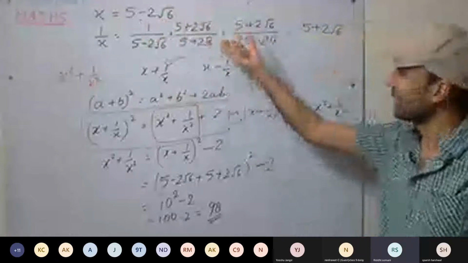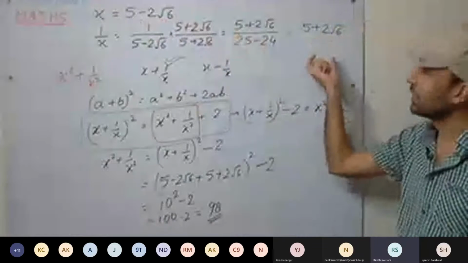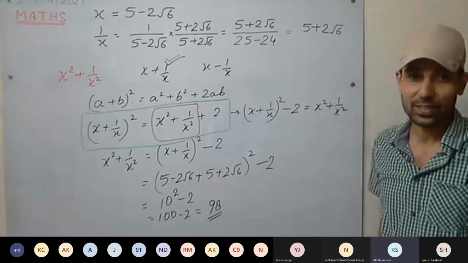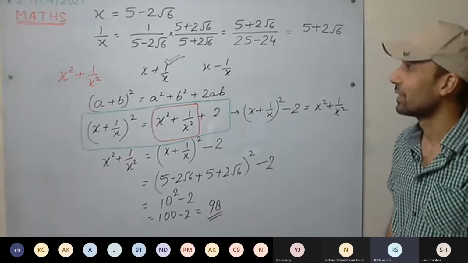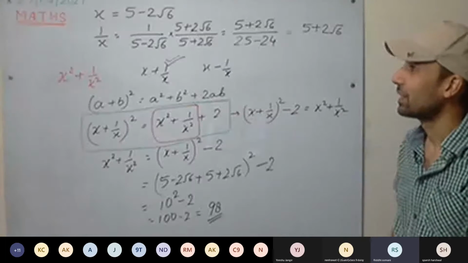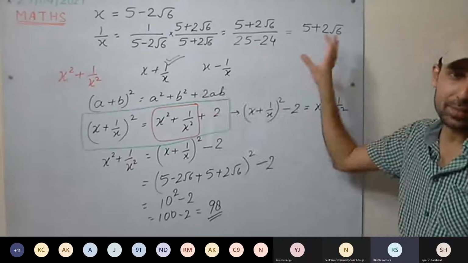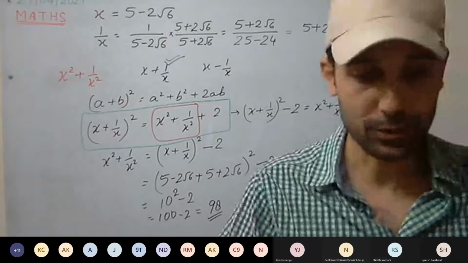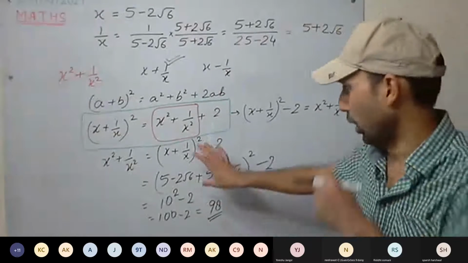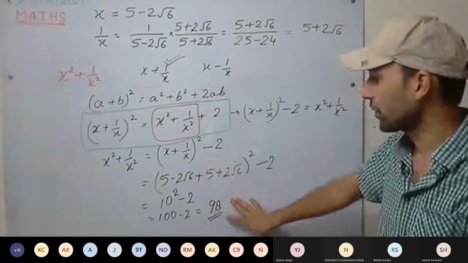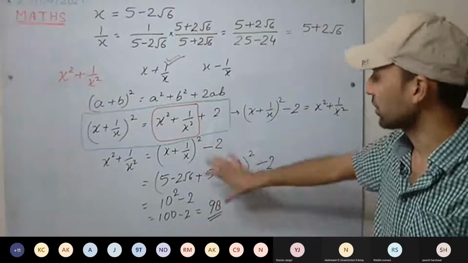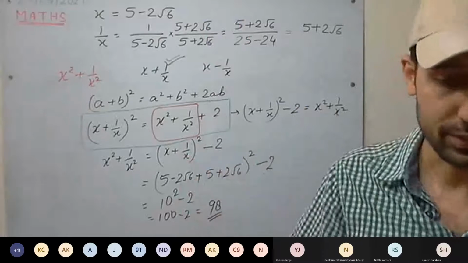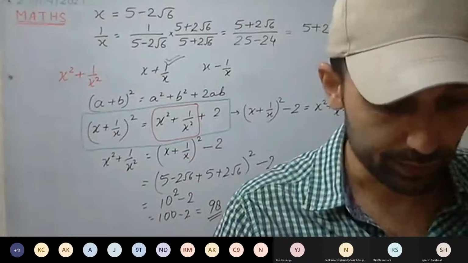First I got the square of x, then I got the square of 1 upon x, and then I added them and they cancel out. Yes, that way as well you can do, no issues. But here the minimum amount of calculations, not much square, not much calculations are there. If you remember these identities, you can solve. Any method you can use, that's up to you.